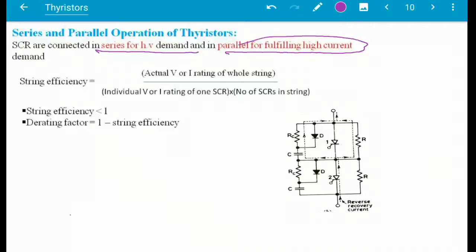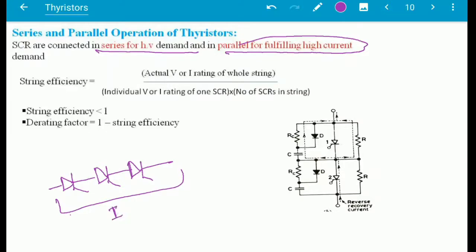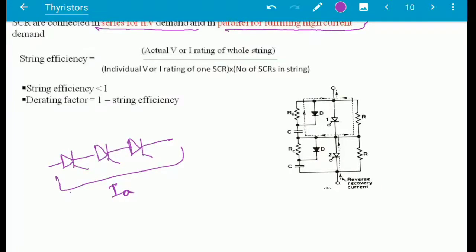Suppose I have connected 3 SCRs in series, and the actual rating is IA, then the string efficiency will be IA by, suppose it has only a current rating IS, then it will be IS into 3, and similarly in the case of voltage.